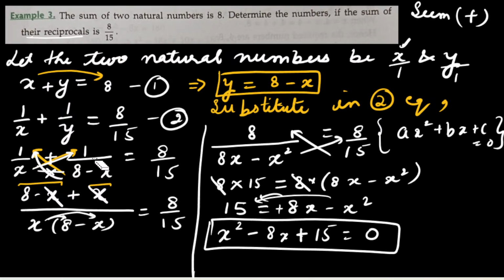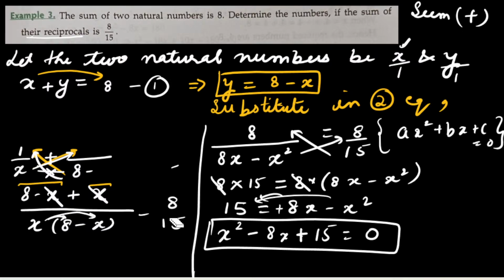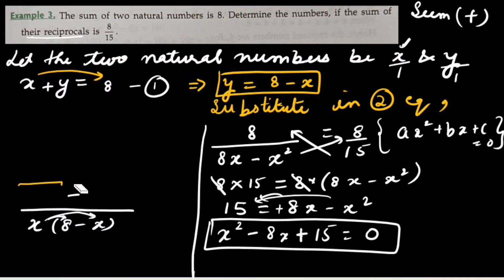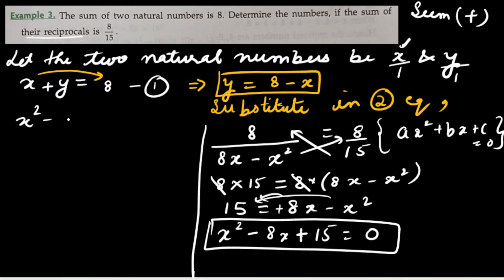We can just simplify this one. So what are the factors? You can tell me the factors so that I can write its solution. The solving part you can do yourself; till the equation I'll explain. So the equation is x square minus 8x plus 15 is equals to 0. So factors are minus 3, minus 5.